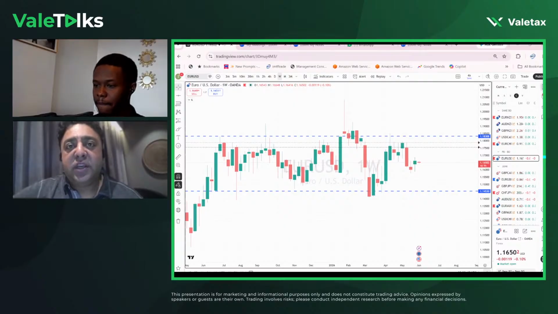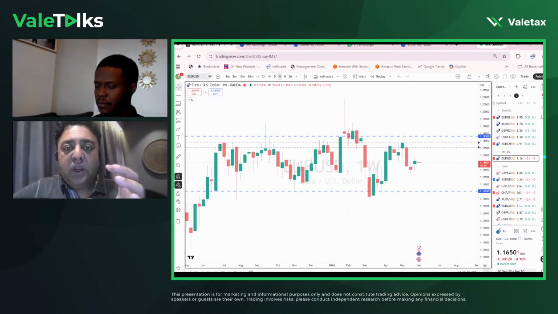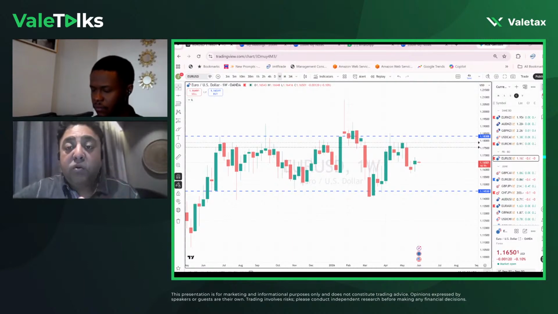You don't really look at the Asian session to develop a pattern at all, because the Asian session doesn't have that much liquidity. So whatever happens there typically doesn't start a trend at all. Typically, when the New York and London sessions overlap, that's where you have the most liquidity, and you can see the patterns on a chart evolving there.